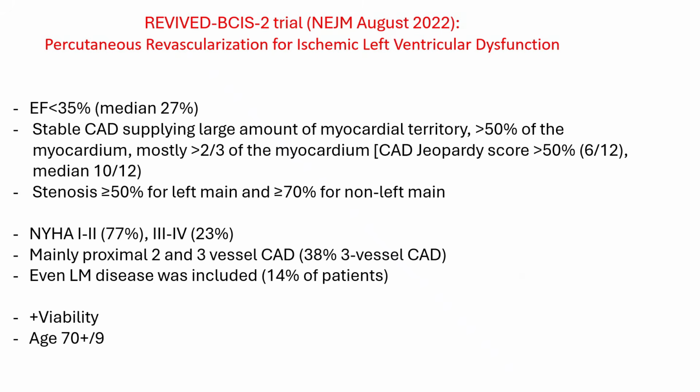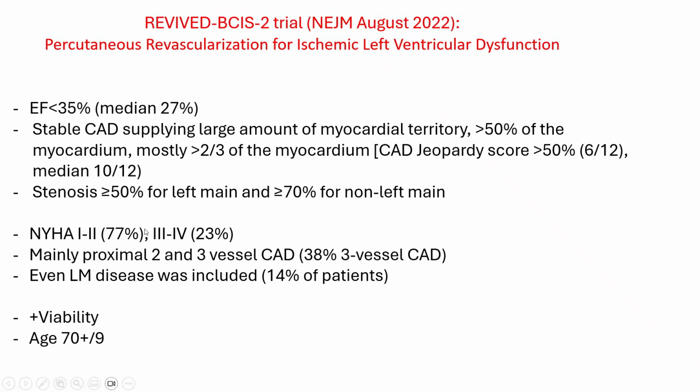It had to supply at least over 50% of the myocardium, and in most patients, that CAD was supplying more than 2/3 of the myocardium. So stenoses were mostly proximal, and they mandated stenosis to be more than 50% for the left main and more than 70% for non-left main vessels.